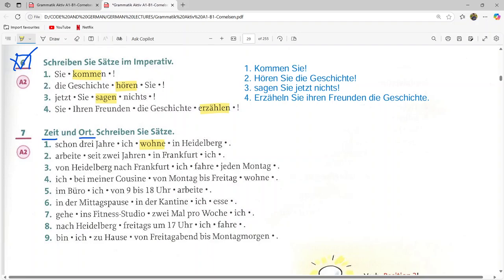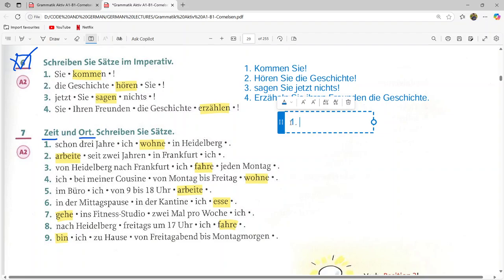So wohne is a verb, arbeite is a verb, fahre is a verb, wohne is a verb, arbeite is also a verb, esse is a verb, gehe is a verb, fahre is a verb, bin. So we have determined all the verbs. So let us try to make the sentences.